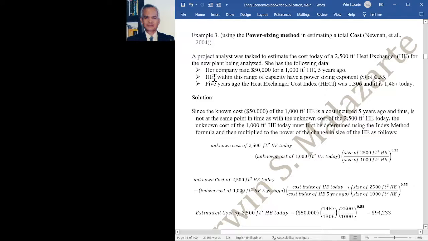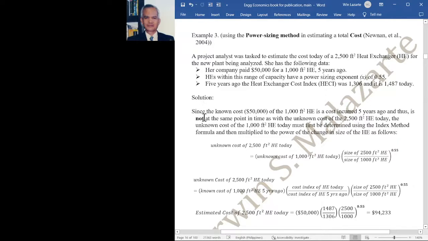Another data, heat exchangers within this range of capacity have a power sizing exponent of 0.55. Another data, 5 years ago, the heat exchanger cost index was 1,306 and it is 1,487 today.